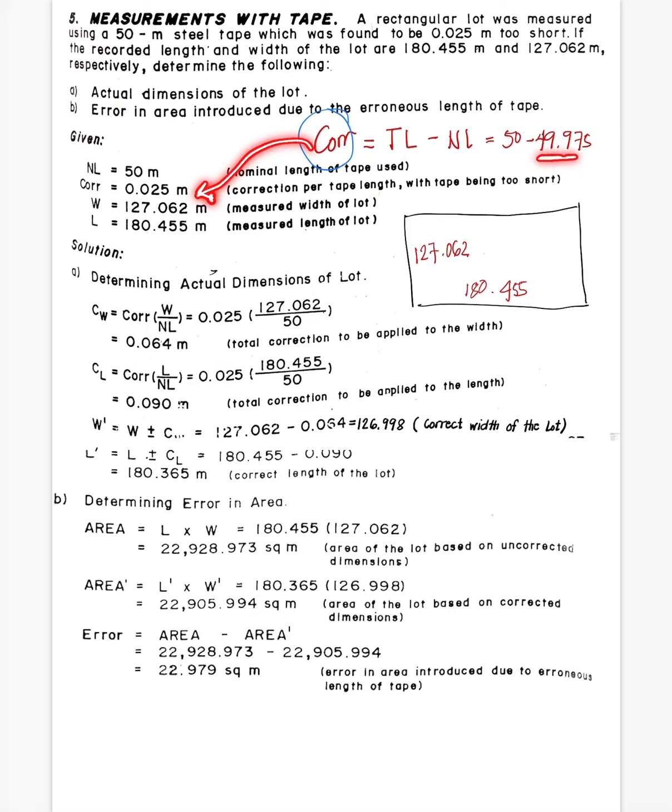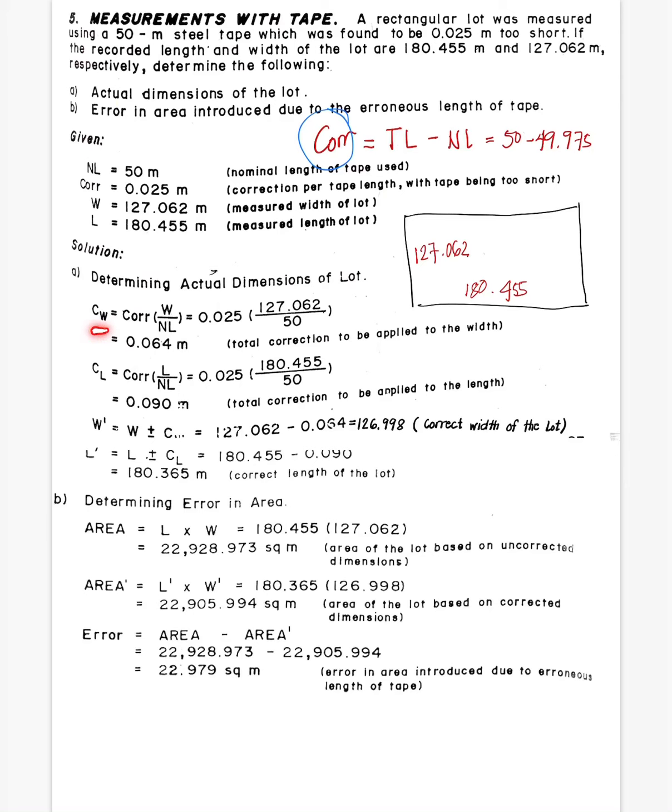So since the correction is given, we need the 49.975. We already calculated that, so that comes out as 0.025. Okay? So I already just calculated it, so we come up with the correction of 0.025.